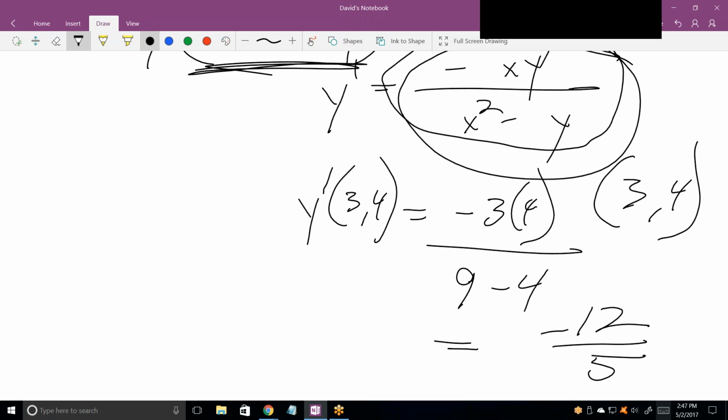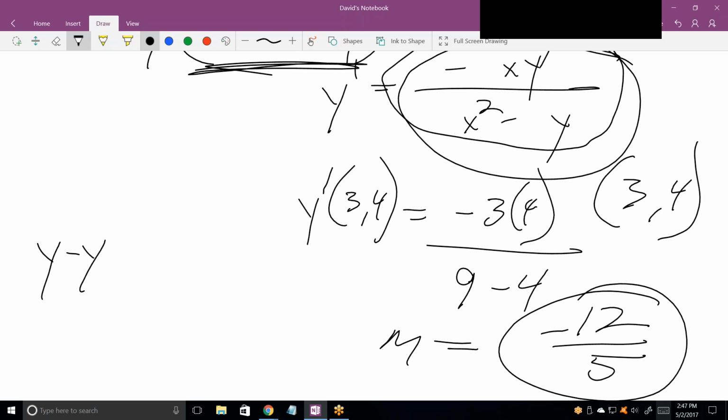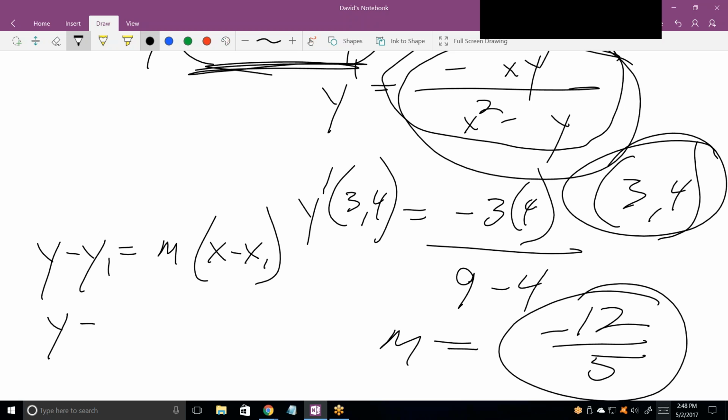That's the slope. That's what y prime is: the slope of this relation at that point. If I want to find the equation of the tangent line, in calculus the best thing to use is always point-slope, because that's usually what you have: one point and one slope. I've solved for slope, and there's my point. So the equation of the tangent line would be this.